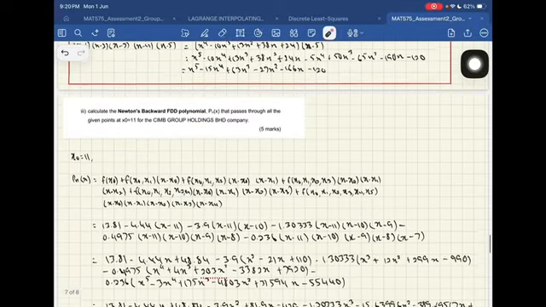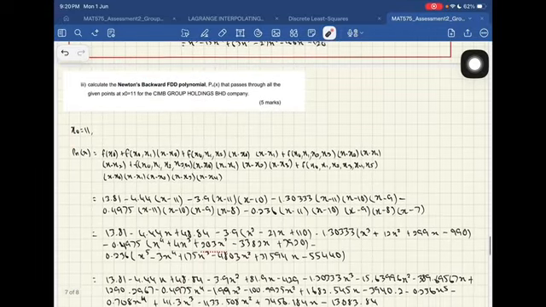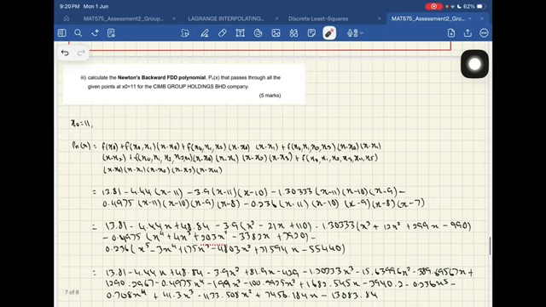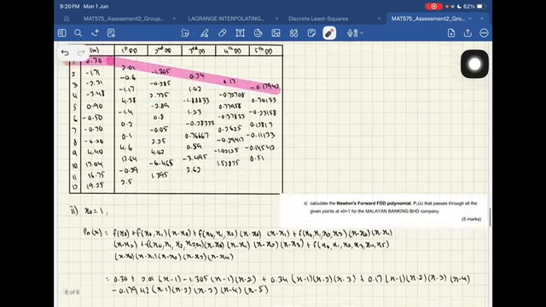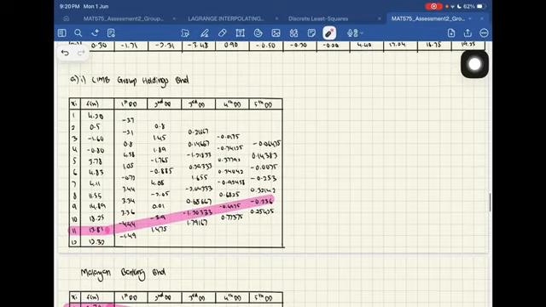For the third question, calculate the Newton's backward FDD polynomial Pn(x) that passes through all the given points at x0 equal to 11 for the CIMB Group Holdings. So for the CIMB Group Holdings, the question asks you to do the backward. So the question asks you to set x0 equal to 11.